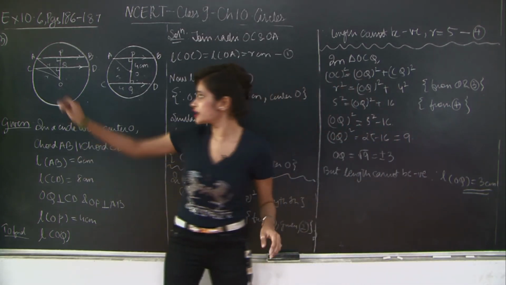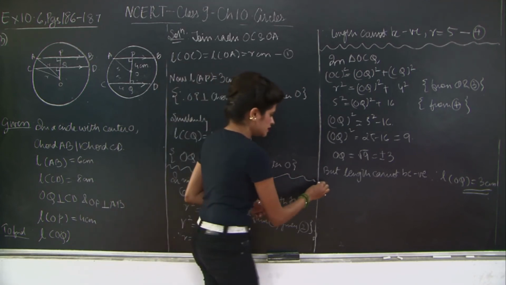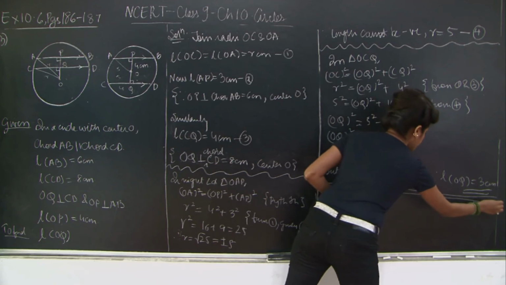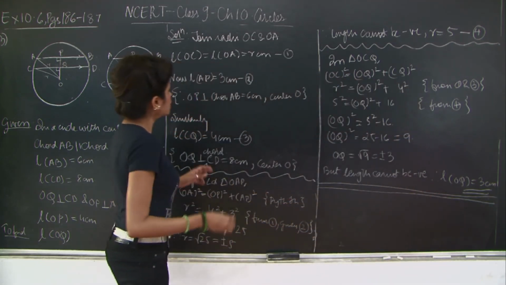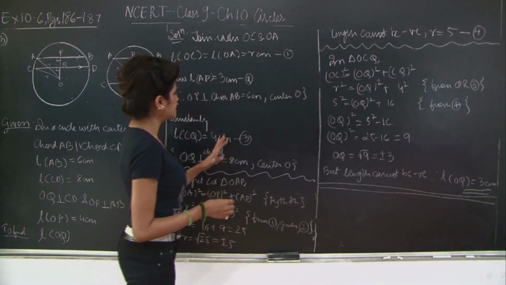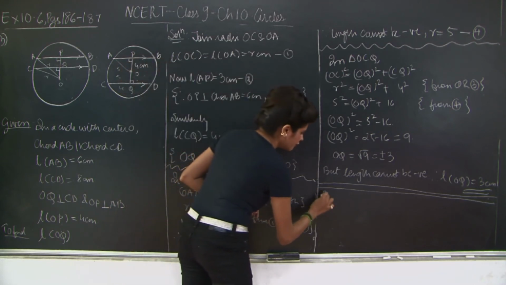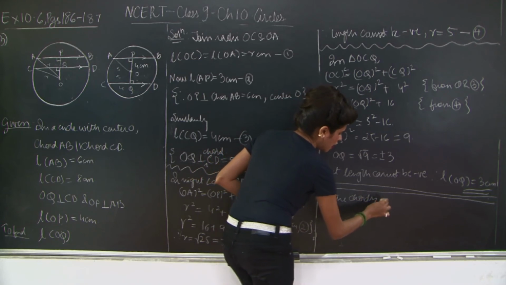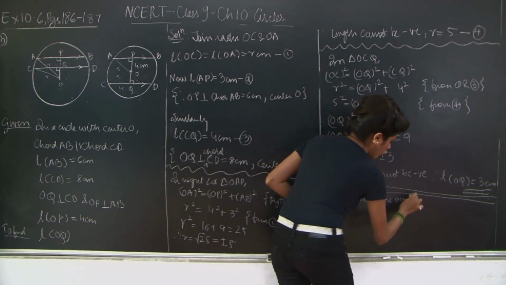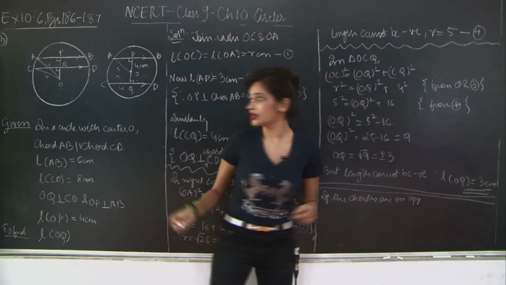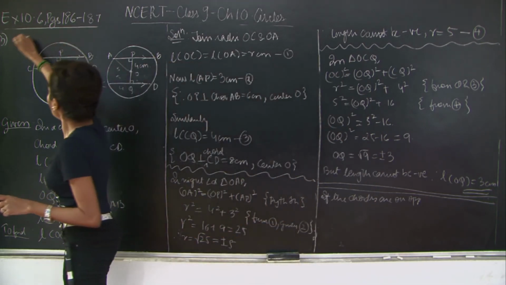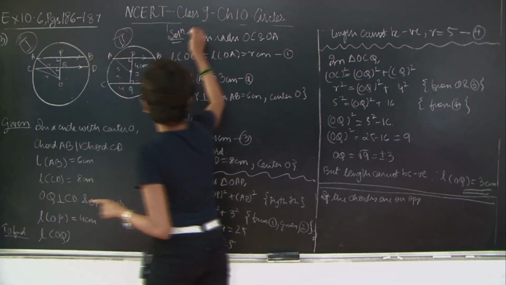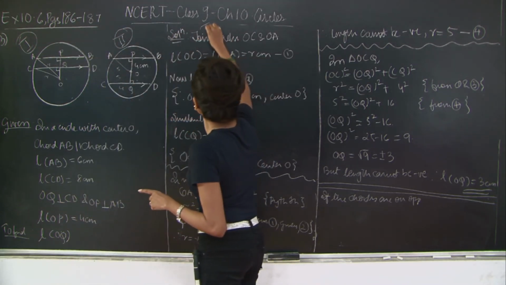So this was using the first diagram, and you will just make a note. If the chords are on opposite, in fact we haven't really given a naming, so I'm going to mark this figure as Roman number 1 and this as Roman number 2, and I will say solution for Roman number 1.